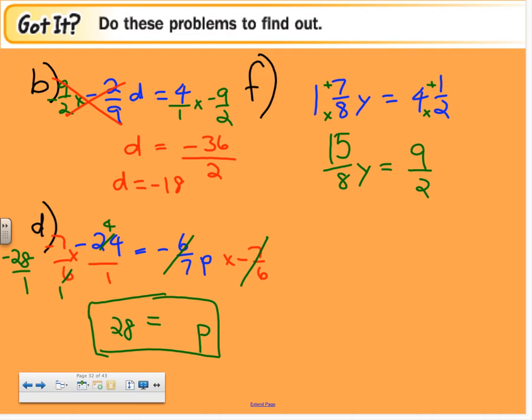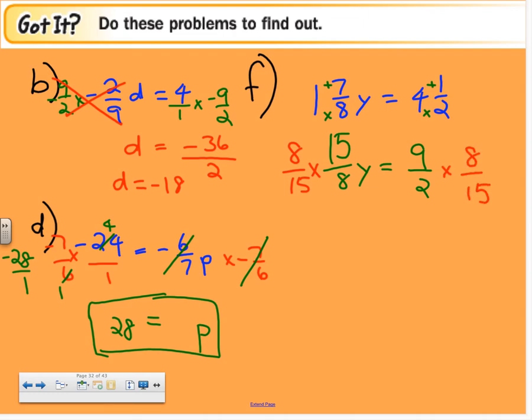I multiply by the... Everybody say multiplicative inverse. All right, so the multiplicative inverse of 15 over 8 is? Very good. And I have to multiply on both sides.